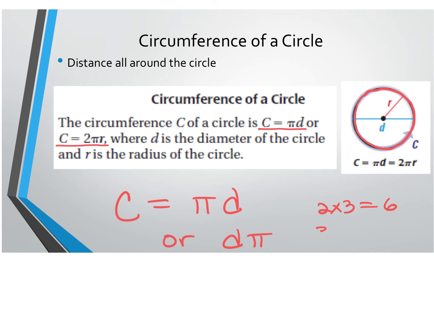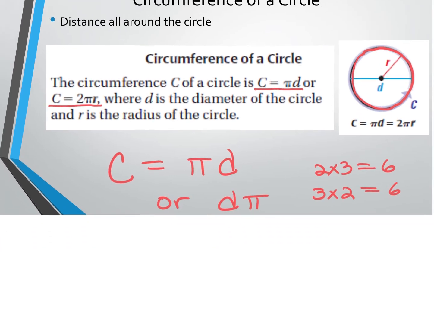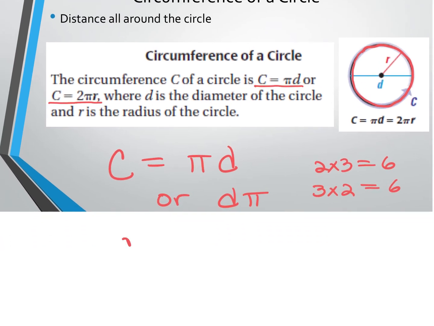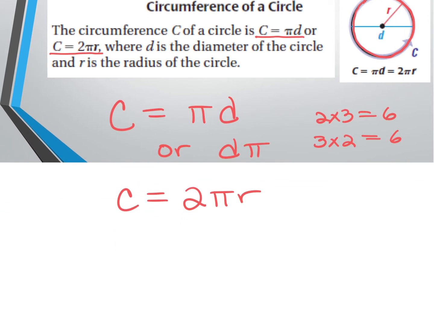But if I flip it around and say multiply 3 times 2, it still gives me the same answer. And that's the commutative property. So technically, you could memorize the formula as either pi times the diameter or diameter times pi. Same thing for the radius. When you do 2 times pi times radius, or if you had to do something without a calculator, you could times the radius by 2 and then by pi.